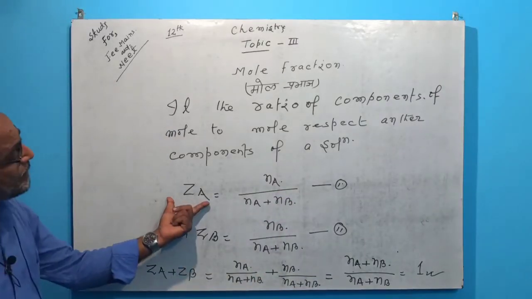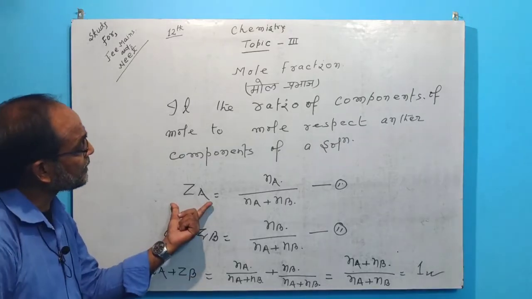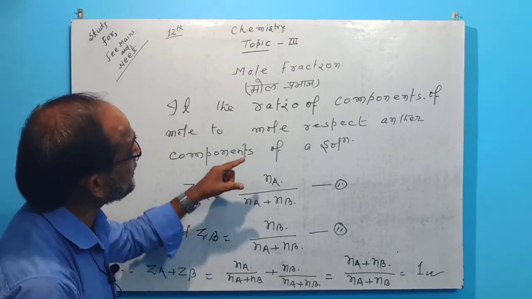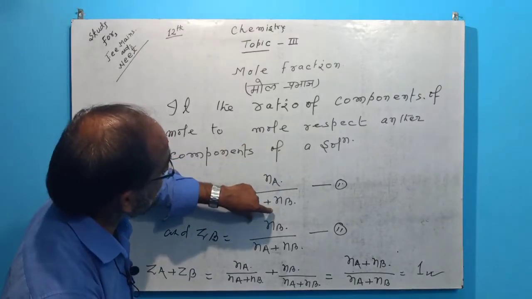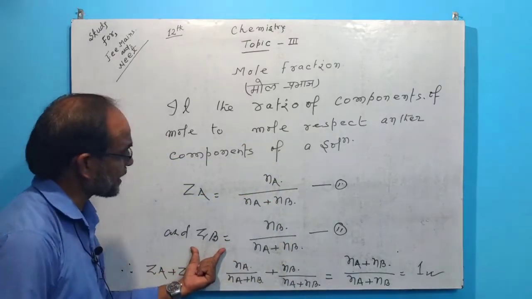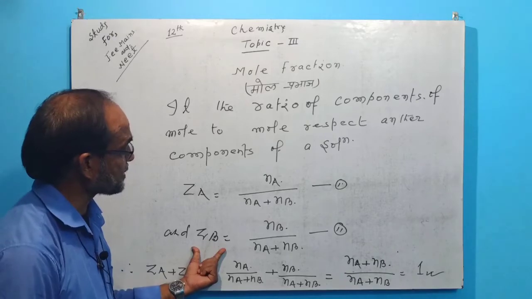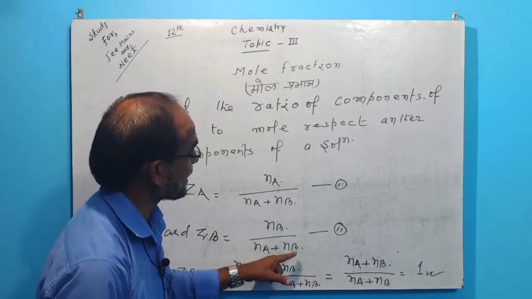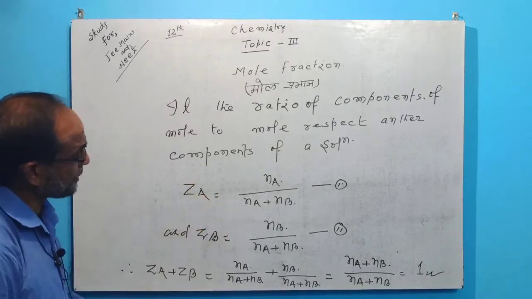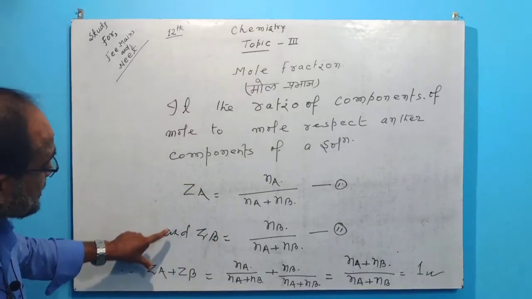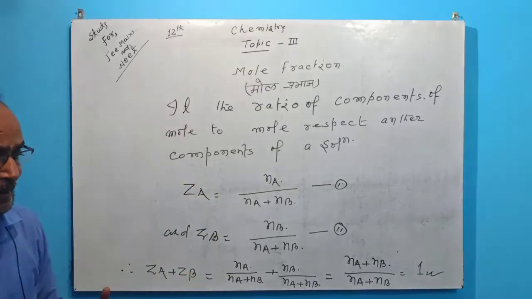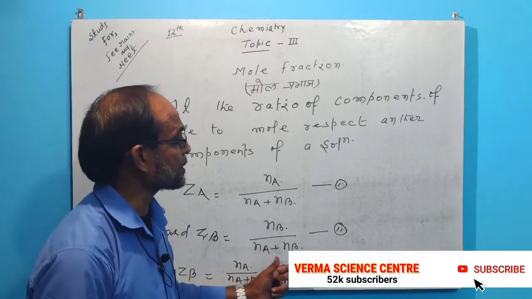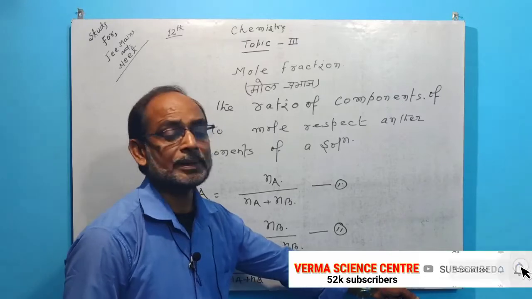If Za is the first component mole fraction, Na upon Na plus Nb, and Zb the second component mole fraction, Nb upon Na plus Nb, when added, they produce the result 1.